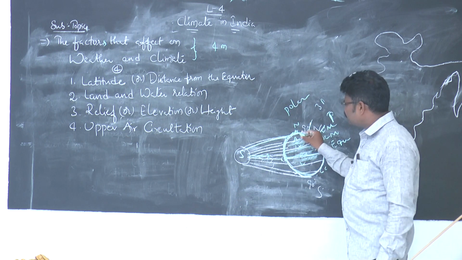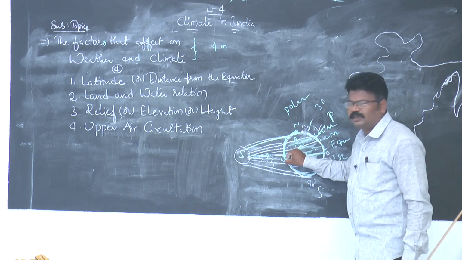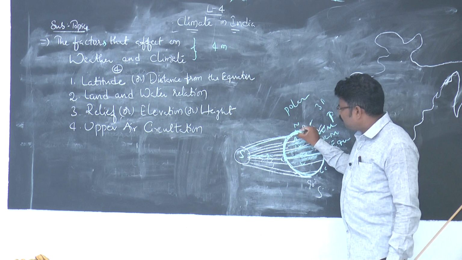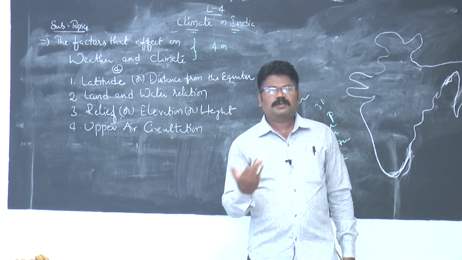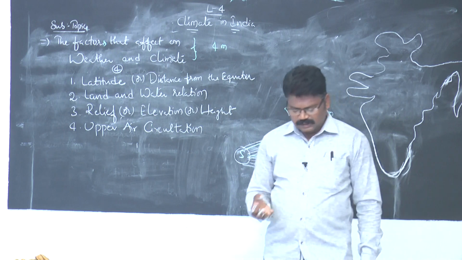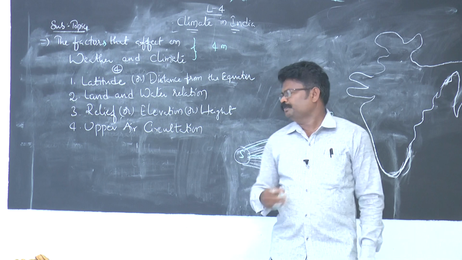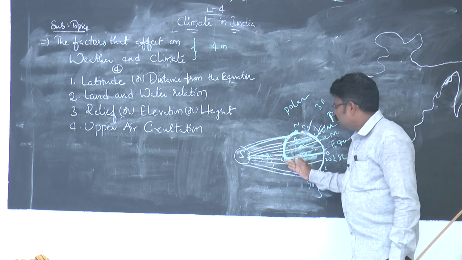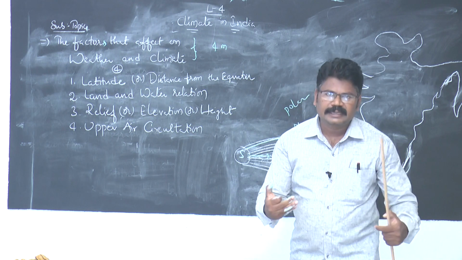At the same time, vice versa, if you are moving from the poles to the equator, what will happen? What about temperature? Can you answer the question? Yes. When we move from the poles to the equator, the temperature will increase.